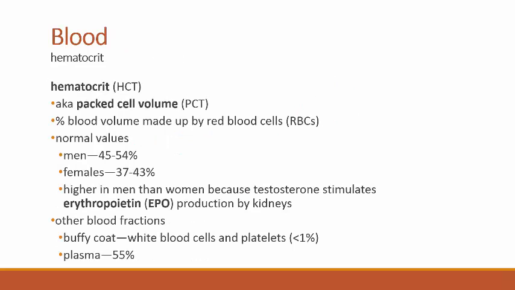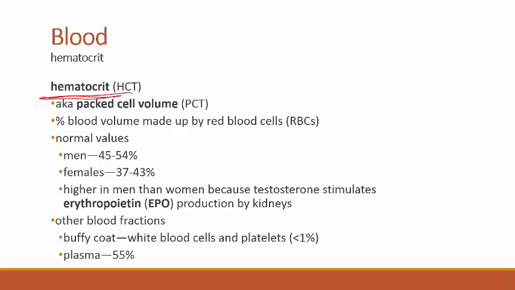So when we go to describe blood, we can talk about different characteristics of it, including hematocrit, also known as the packed cell volume. So hematocrit, its abbreviation is HCT, packed cell volume, PCV. I think primarily hematocrit is the term that you're going to hear out there in the medical field.